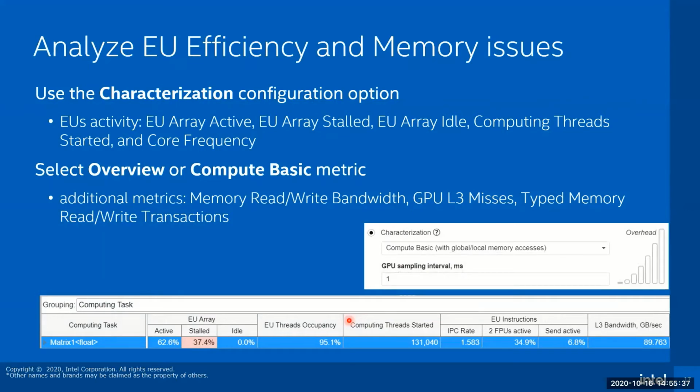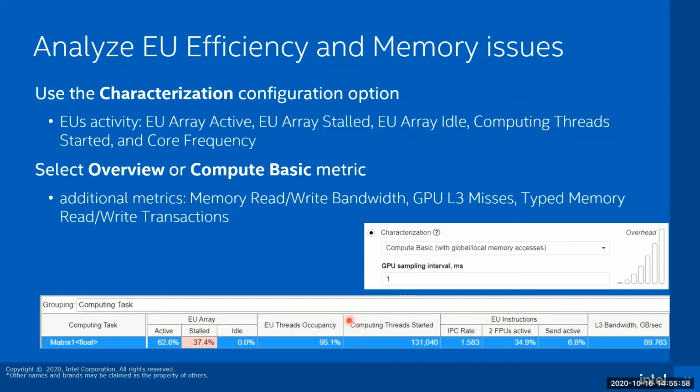So with selecting the characterization flavor of this analysis, you will get these execution unit activities, like how many EUs were active, stalled, or idling, how many computing threads started, and the frequency of the GPU core.